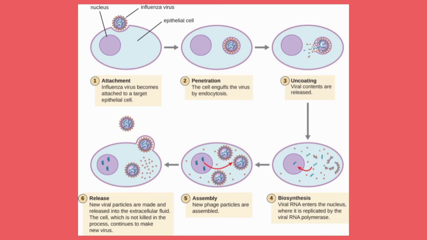New viral particles are assembled. And then the next step is release. New viral particles are made and released into the extracellular fluid. The cell, which is not killed in the process, continues to make new virus.